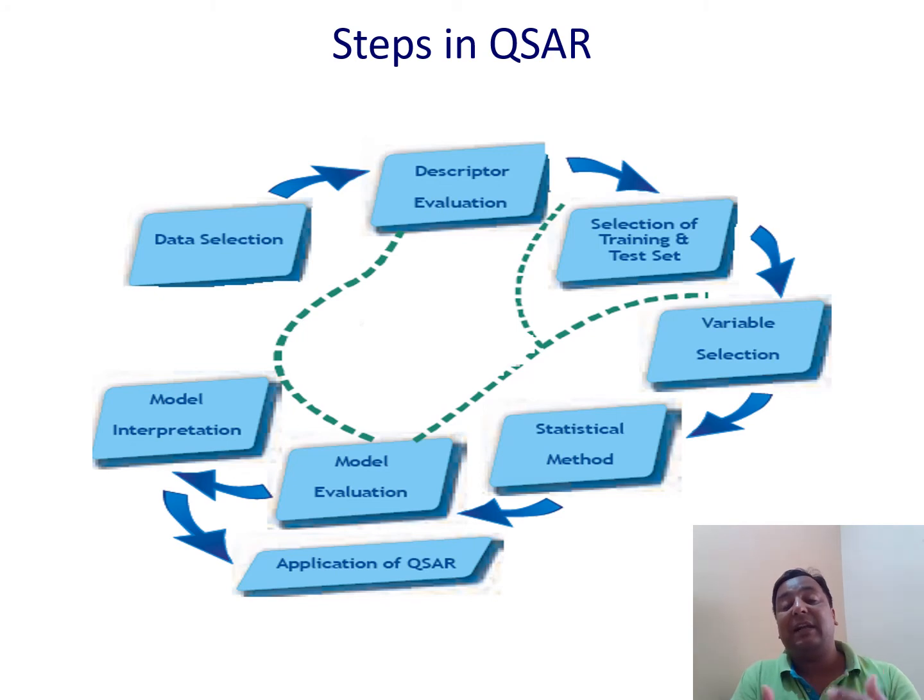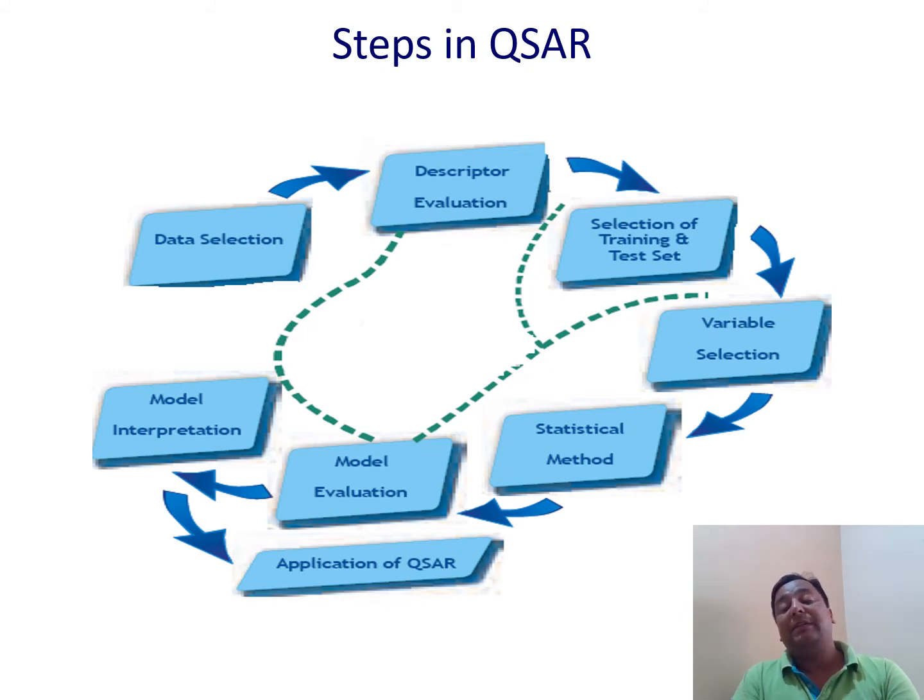The training set is the seen data, the test set is the unseen data. After that we will select the variables, how our variables can be selected for particular drugs based on the Lipinski rule of five, right?